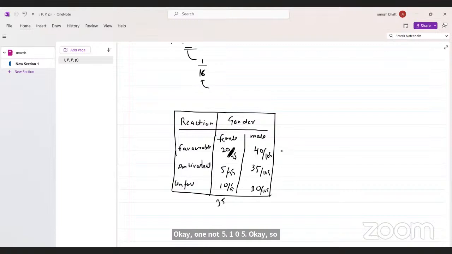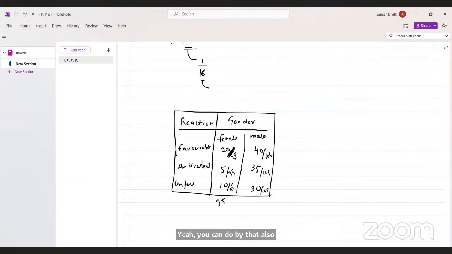We can do this by row relative frequency also. In that case, it represents that in the favorable category, how many percent are female and how many are male.